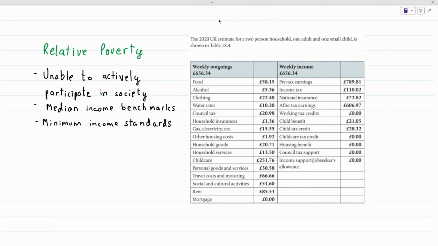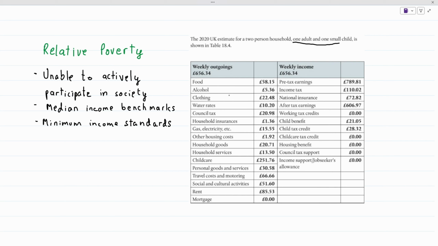So, for example, here you can see the MIS for one adult and one small child in the UK in 2020. This is the money flowing out of their account. The typical one adult, one small child household in the UK in 2020 would spend 58 euros on food, 5 on alcohol, etc. And they would earn pre-tax 789 euros. So you get the gist.